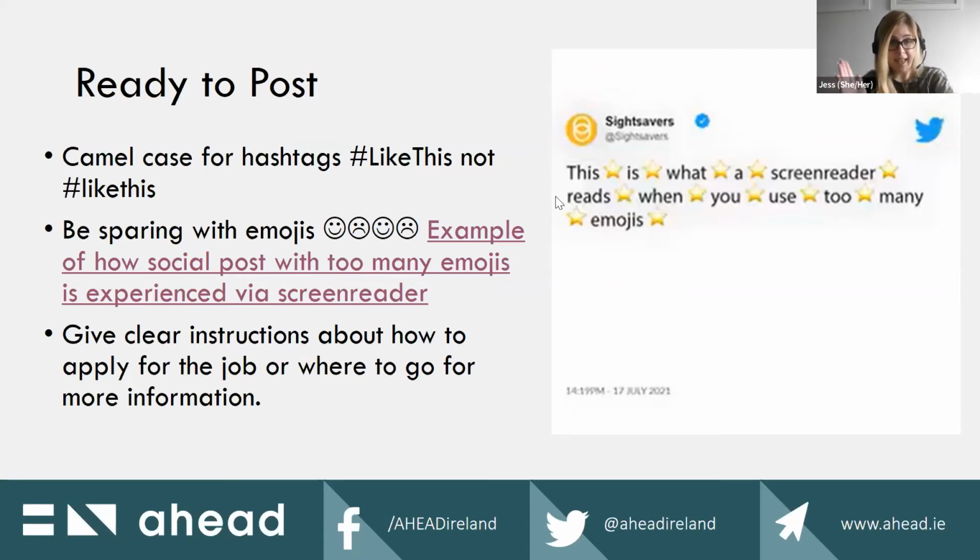I would always put them at the end of the text on my post, so that people will be able to access the information. But also for your social media messaging, it's important to give clear instructions about how to apply for the job or where they can go for more information. Don't assume that they'll implicitly understand just from the context. Try to always be as clear as you can.